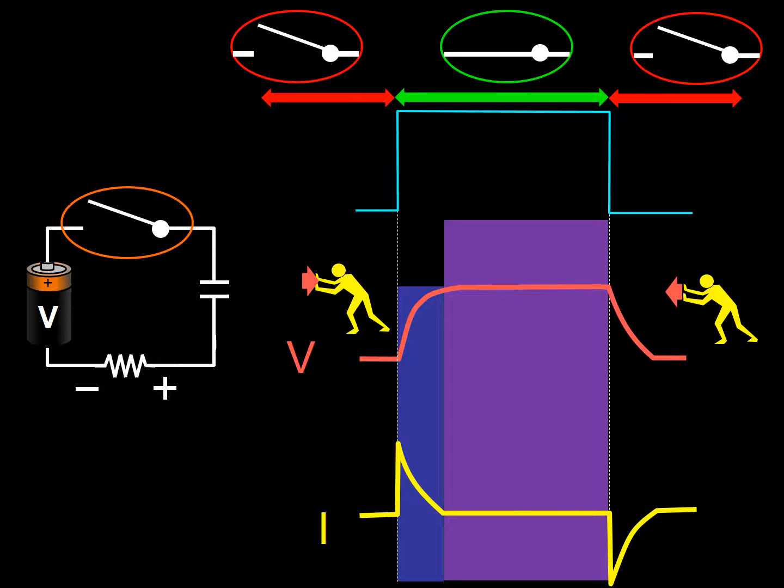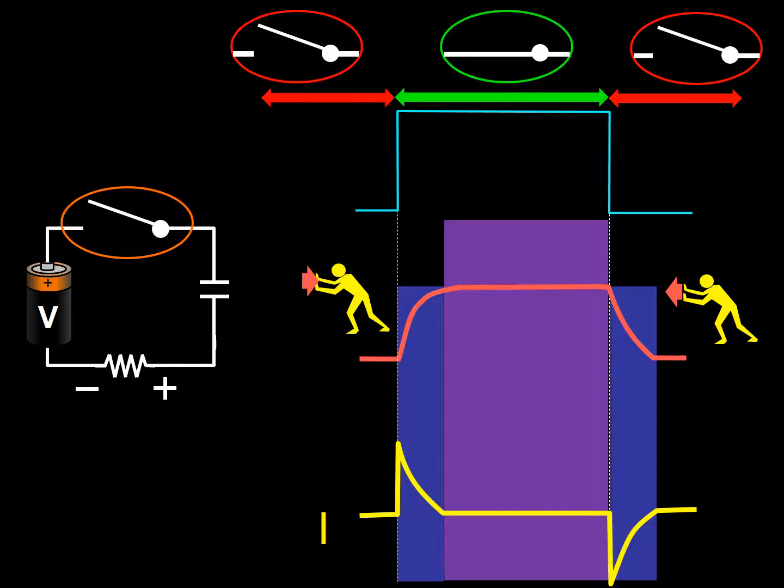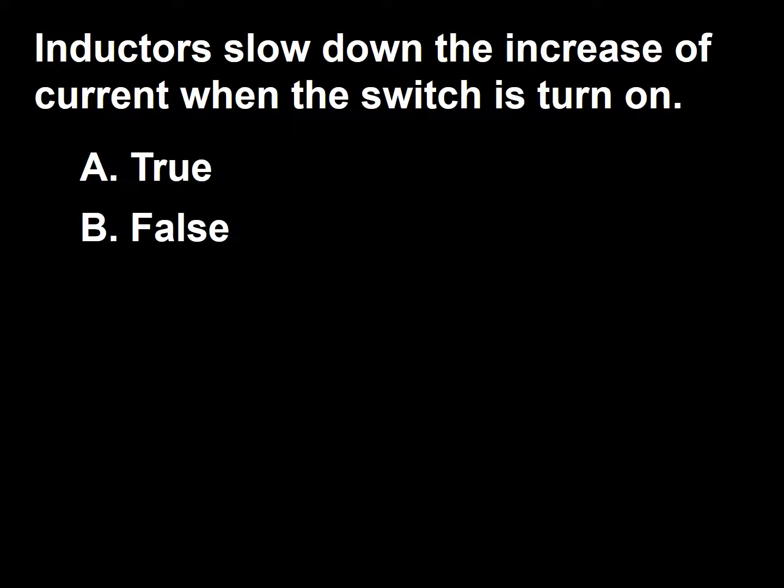So changes will only occur when electrons are being deposited and when electrons are being discharged from the plate. That is, changes in current will only occur during those situations. So the answer to this question is A.